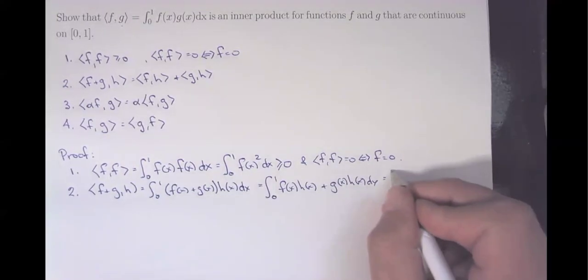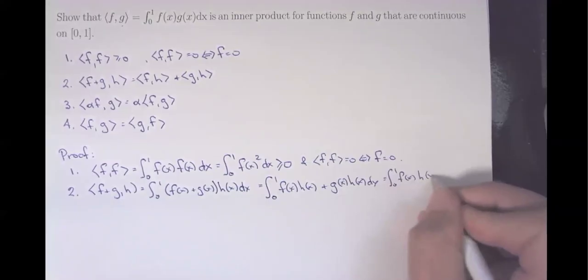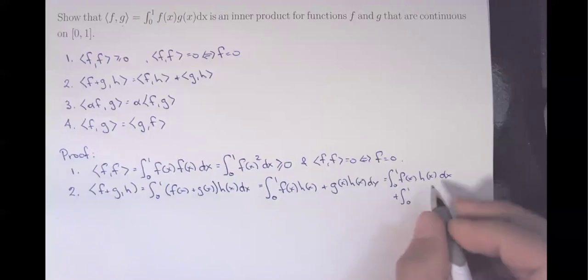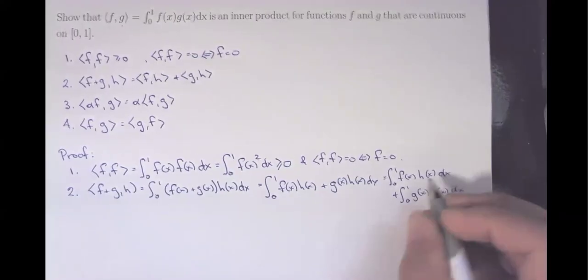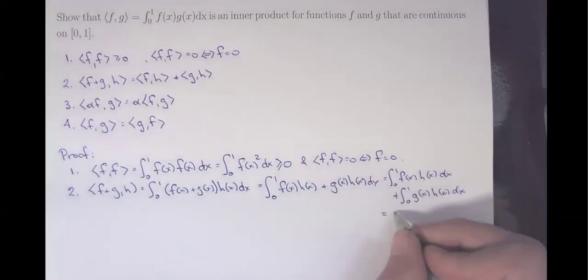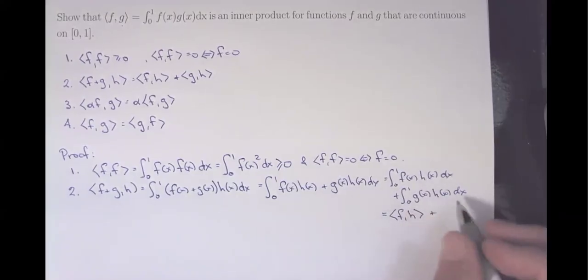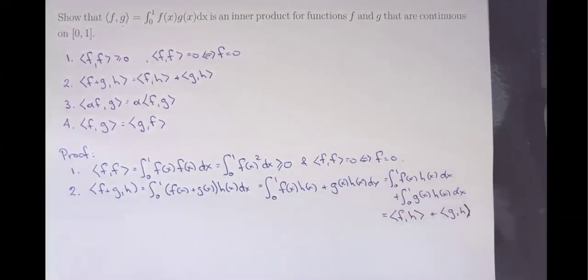And this is equal to the integral from 0 to 1 of f of x h of x dx plus the integral from 0 to 1 of g of x h of x dx. And this first guy is the inner product of f with h. And the second guy is the inner product of g with h. Which means property 2 is satisfied.